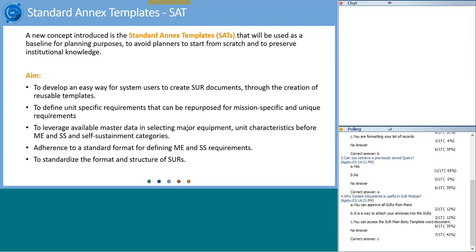It is used to leverage the available master data in selecting major equipment, unit characteristics, and the major equipment and self-sustainment categories. So it is also a standard format for Annex B and C, to define the major equipment and the self-sustainment, and to standardize the format and the structure of an SUR.